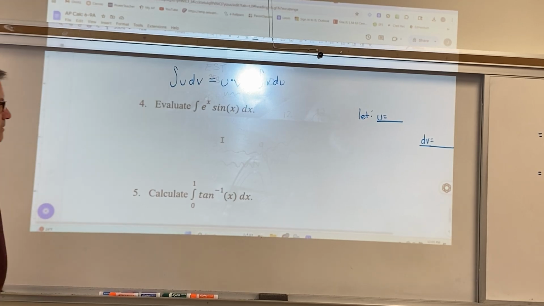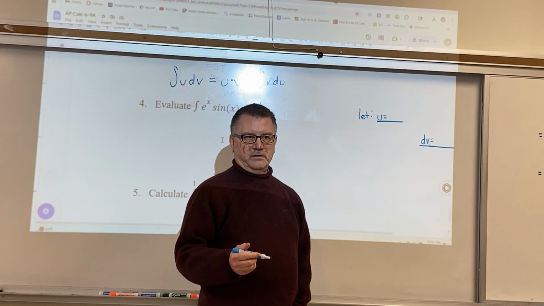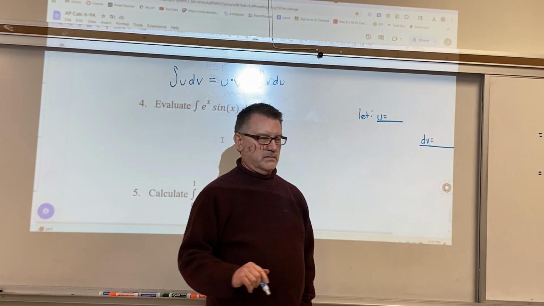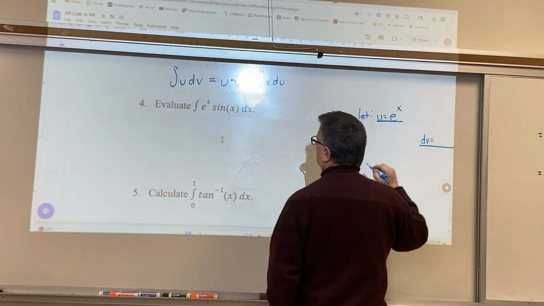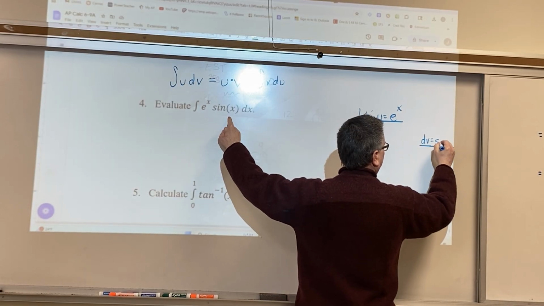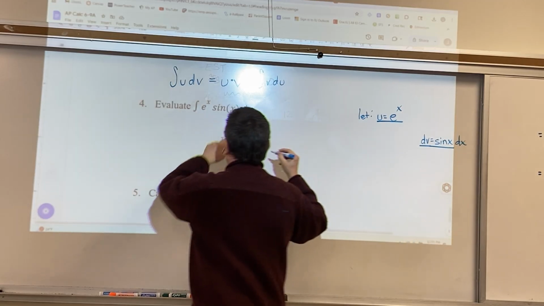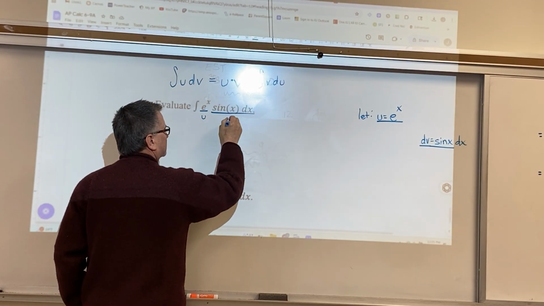Okay, we'll try that. Sometimes we let U and dV be something that makes it more complicated, and then I just scratch it and go back. So we'll try this. If U is that, dV is sine x dx. So there's my U, there's my dV.